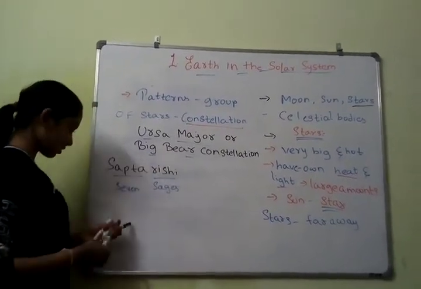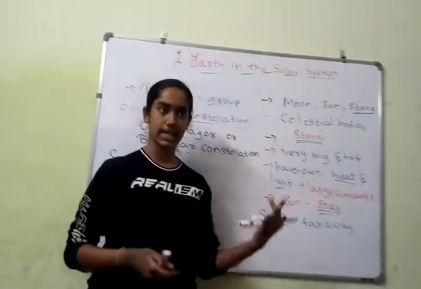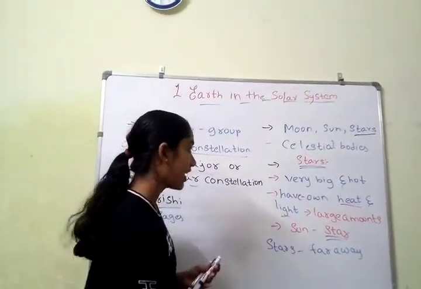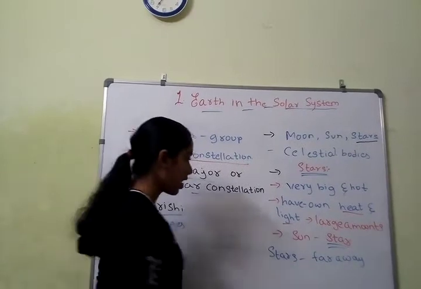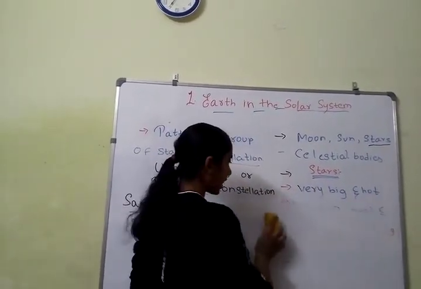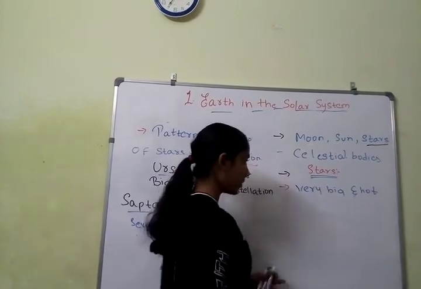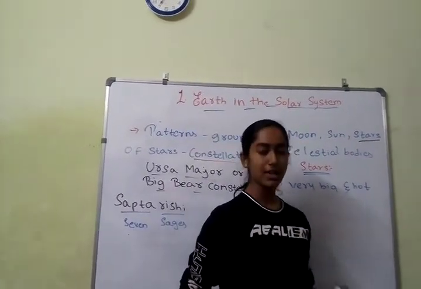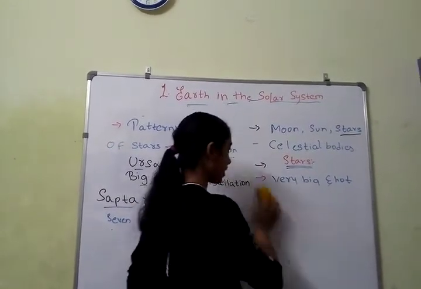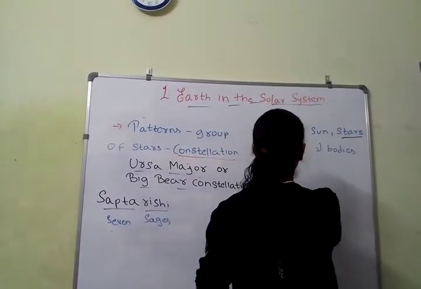In the olden days, they used to find directions with the help of stars. For example, the North Star always remains in the north direction. It is also called the pole star.